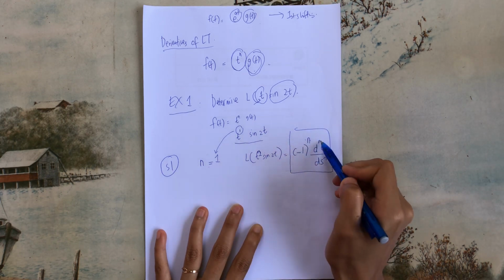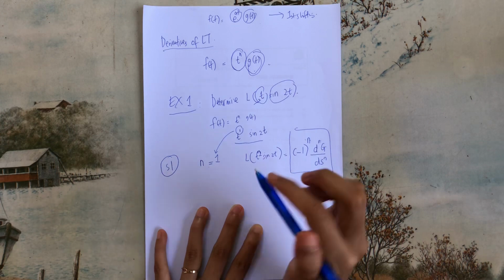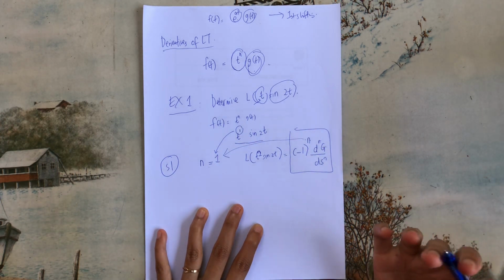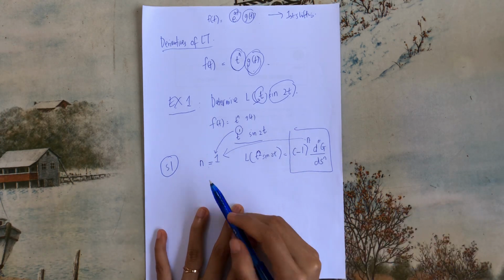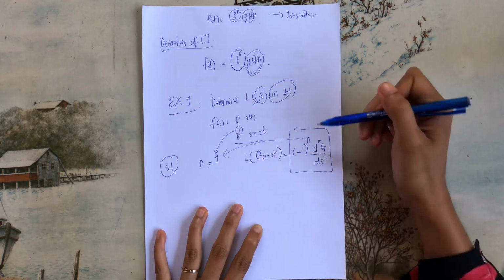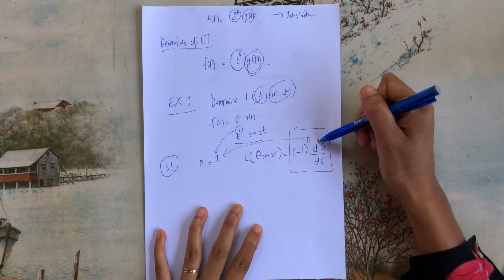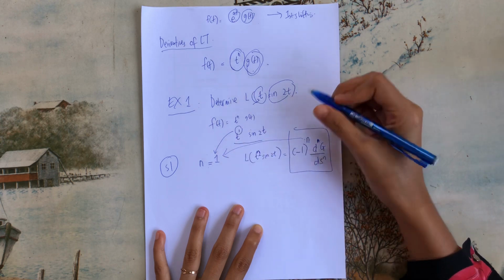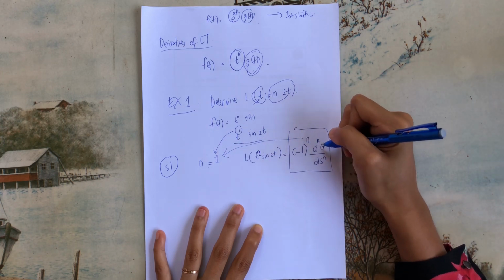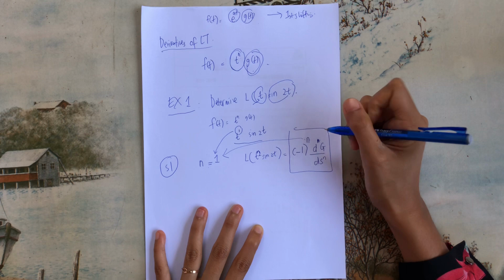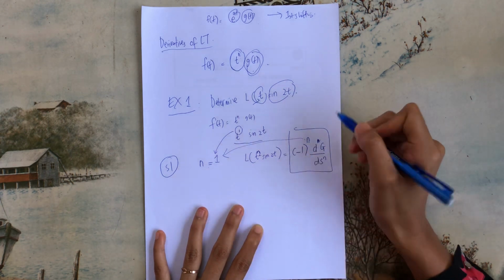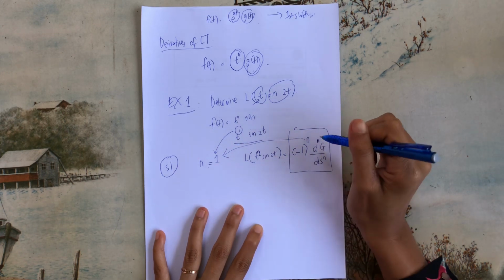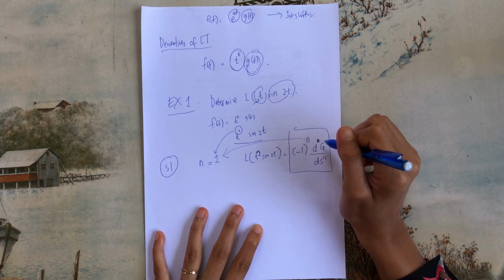It means that if your n here is 1, you will differentiate only once. If your n is 2, you need to differentiate twice. If your n is 3, you need to differentiate three times.